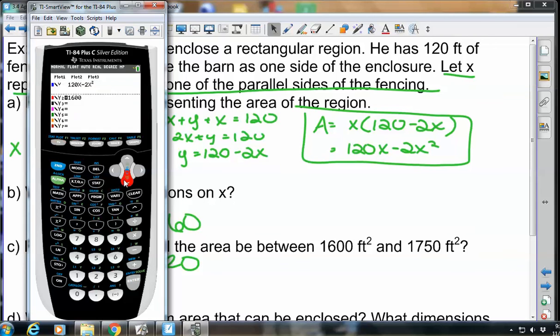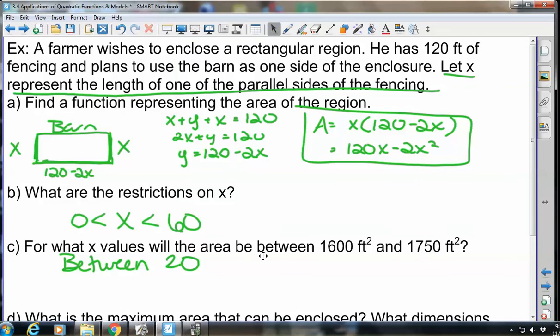Now we need to find out when it's 1750. So I'm going to go to my y equals, change my y2 to 1750. And we're going to do the same thing. So I'm going to go second, trace, intersect. First curve you can just hit enter, second curve you can hit enter, guess, get close to that point, and hit enter.